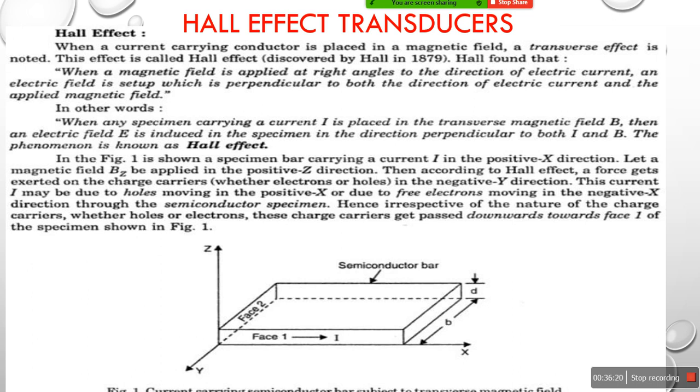To understand more clearly, you can take an electric wire with a power supply given to it, and when you place a magnet near it, the direction of the electric current and the magnetic flow will always be perpendicular to each other. Apart from that, a force will be exerted on the charge carriers in the negative y direction. Because x and z are both perpendicular directions, z is your magnetic field and x is your electric field.